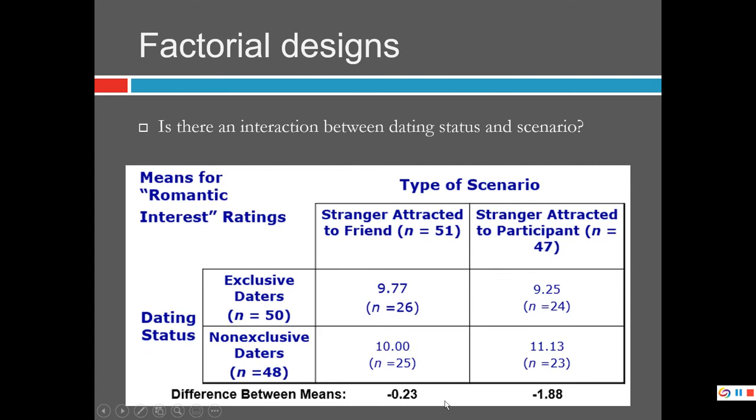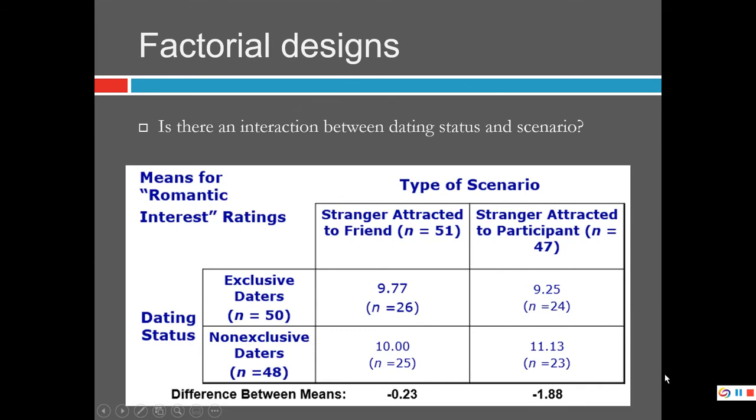One way that you can look at this and try to determine if there is some sort of interaction going on is by using a relatively straightforward method of just taking differences in one direction or the other. You could do it in this horizontal direction by subtracting 9.25 from 9.77 and then subtracting 11.13 from 10. You can imagine those differences here.